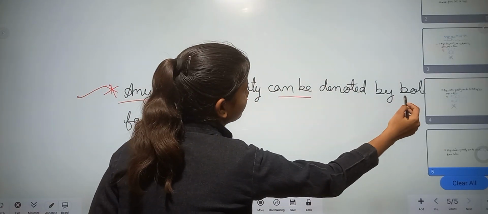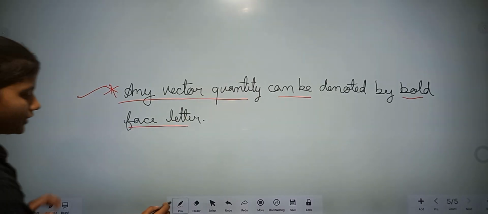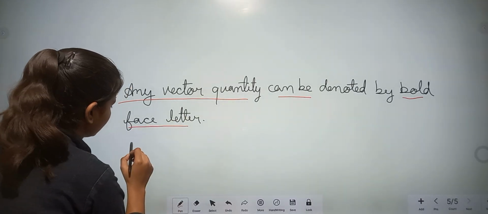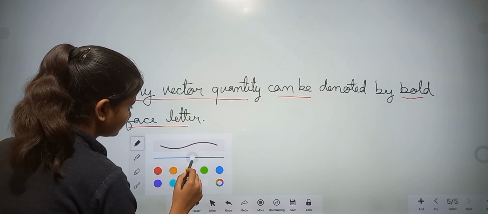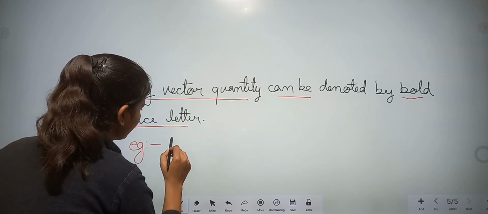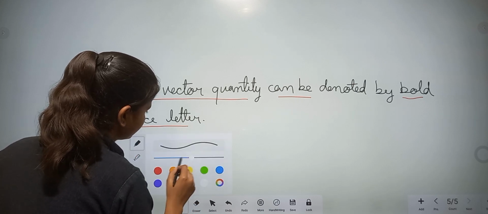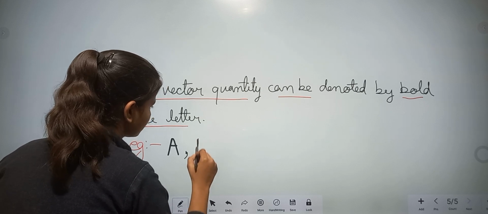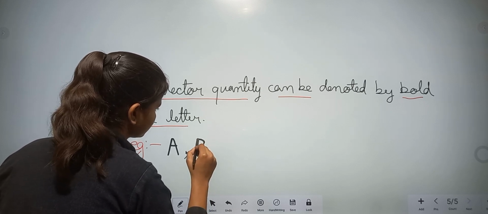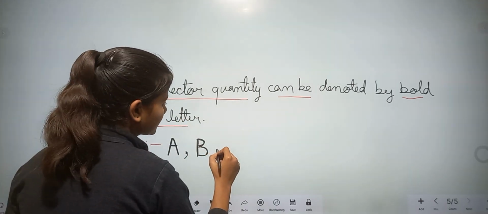Our last point is any vector quantity can be denoted by a bold face letter. Bold face letter means bold, like this, bold A, or B, bold face letter, and so on.